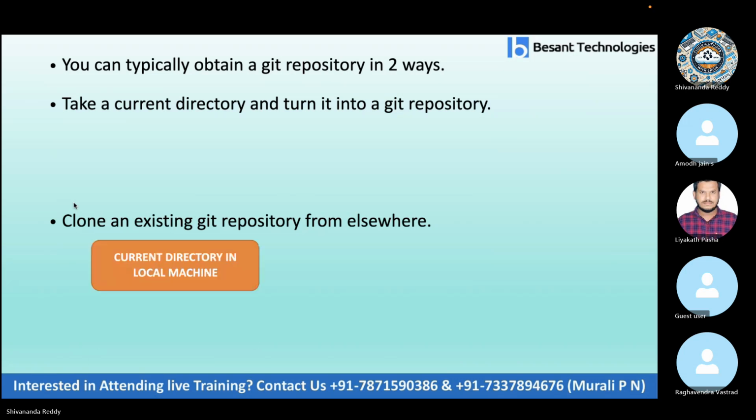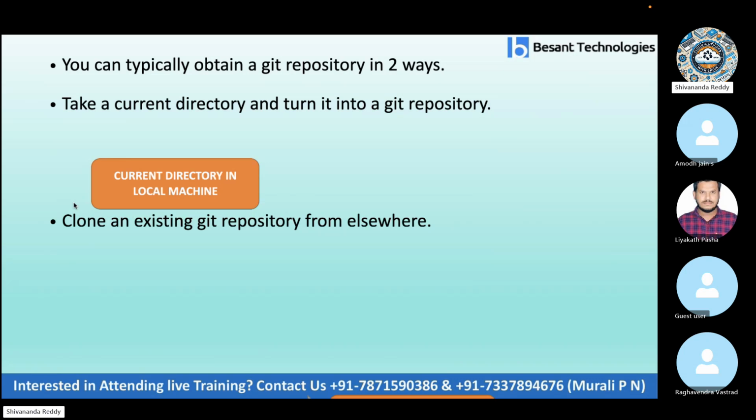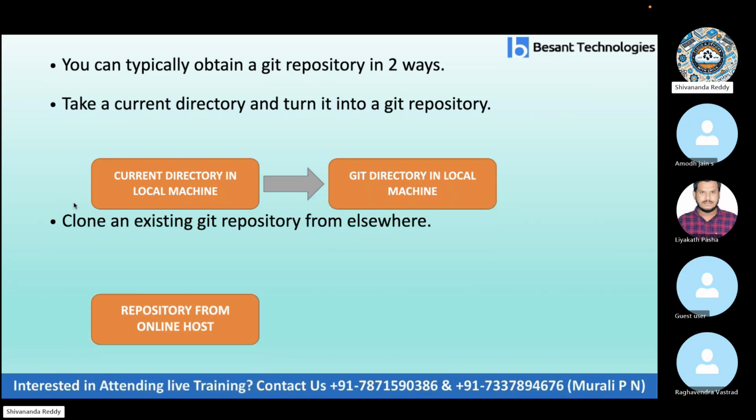Clone is nothing but downloading. Like a current directory on your local machine, we can make it a Git directory. The second option is copying a repository from online, from GitHub or Bitbucket, to the local machine. These are the two methods we can follow. I'll show both methods, but right now we'll follow the second method, cloning an existing repository from elsewhere.